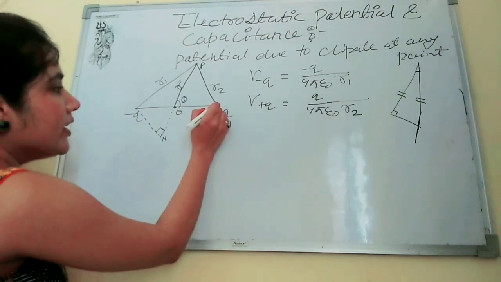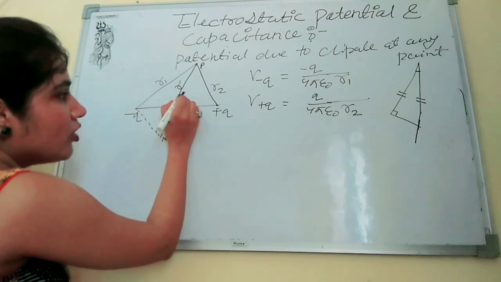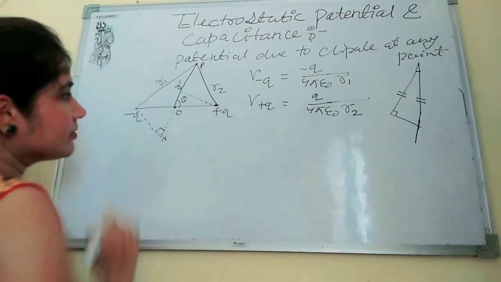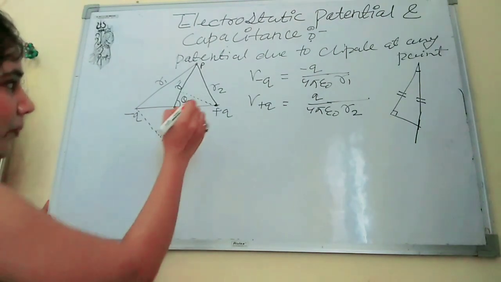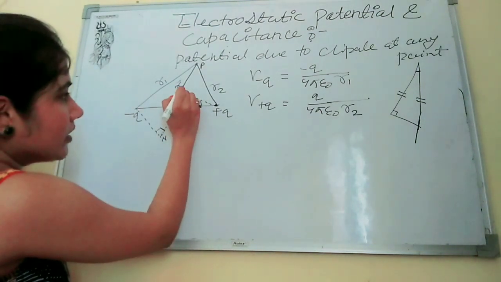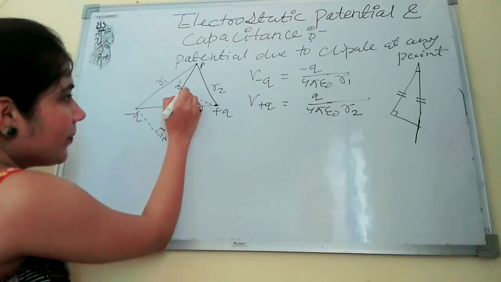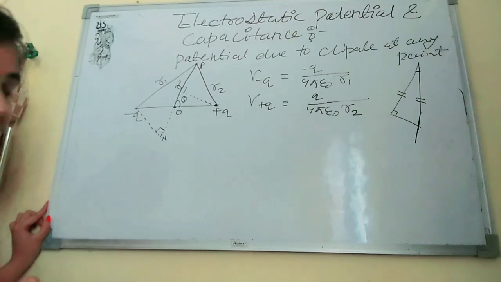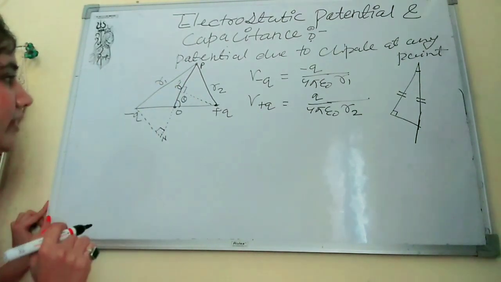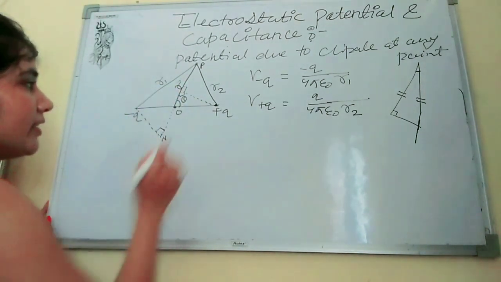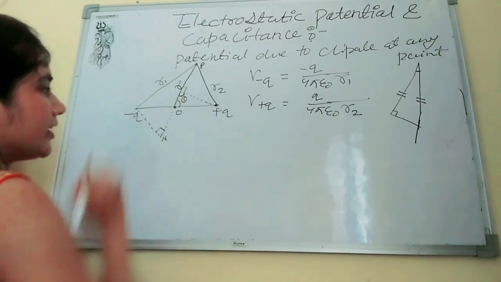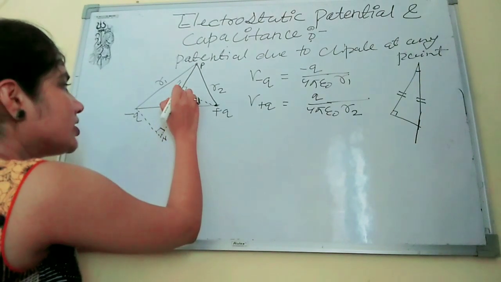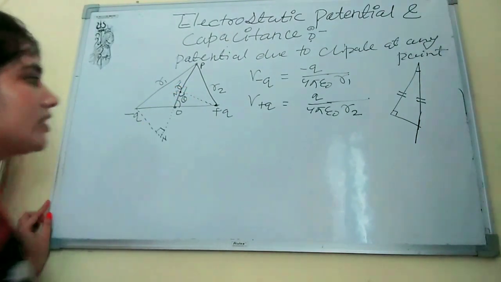Now from this point we take a perpendicular like this, so this will also be 90 degrees. Both angles will be 90 degrees. We mark this point N and this point N dash.